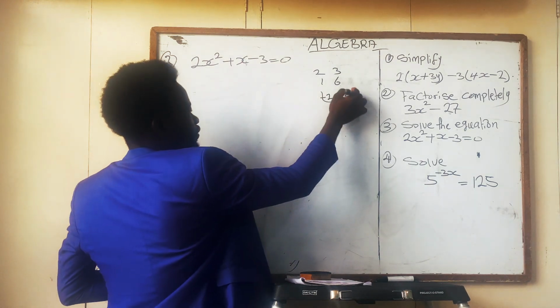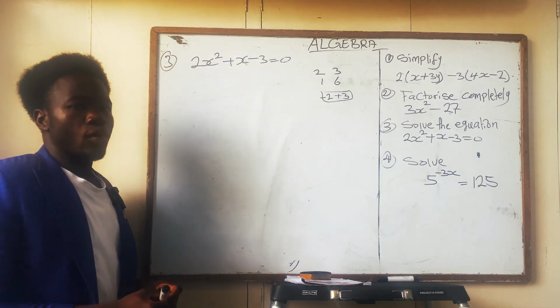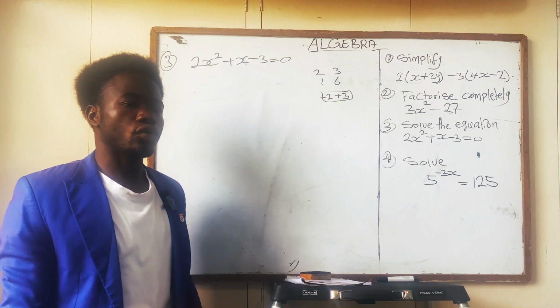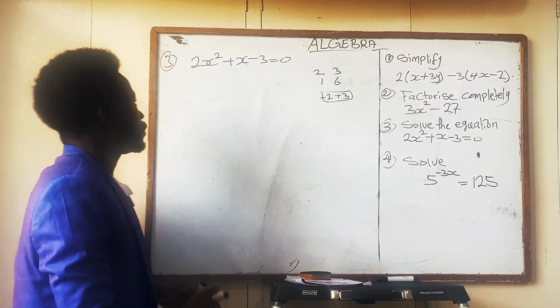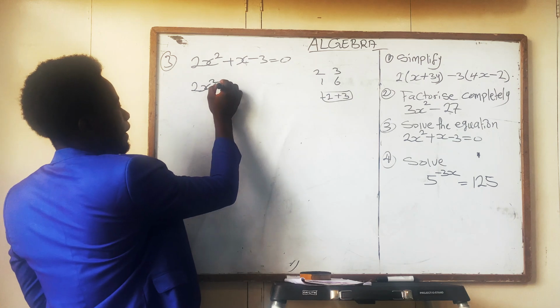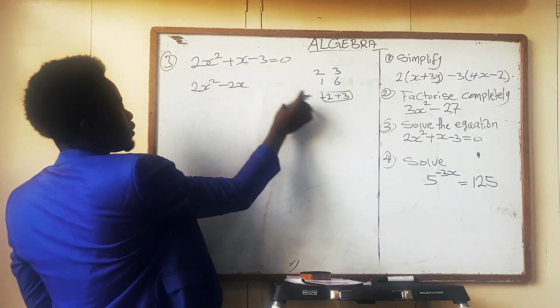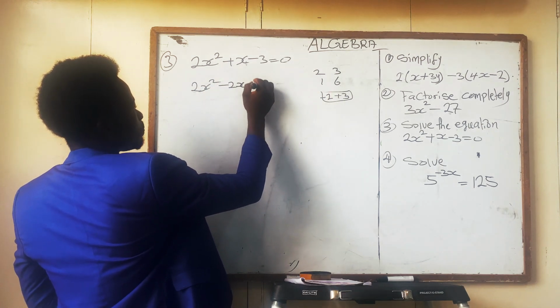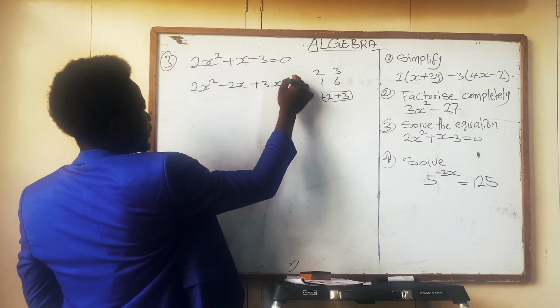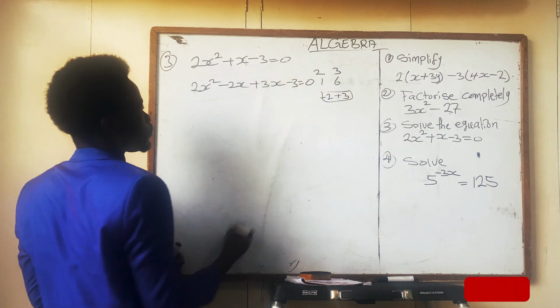So it means that these are the factors I'm going to use. Now, when you use the calculator, you easily get these factors, and you can come and use that to just solve your solution. So yeah, I might have 2x squared minus 2x, I'm taking this, plus 3x minus 3 is equal to 0.